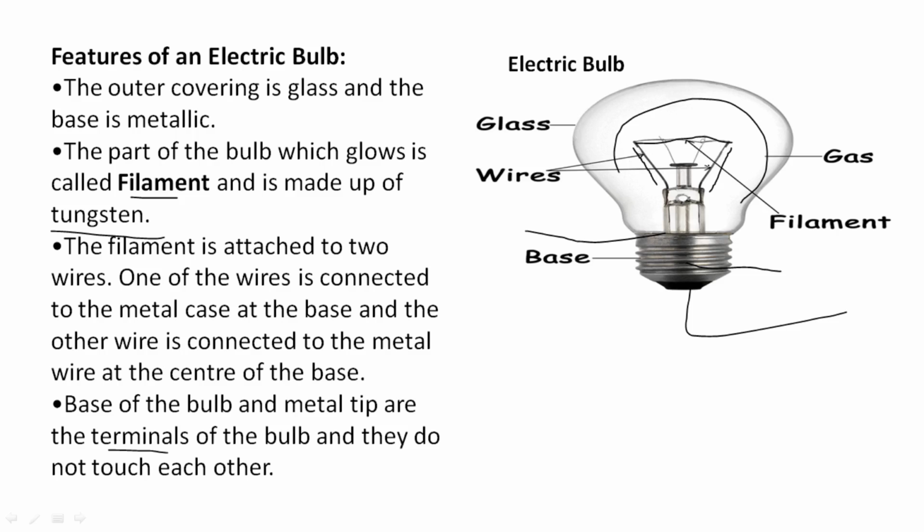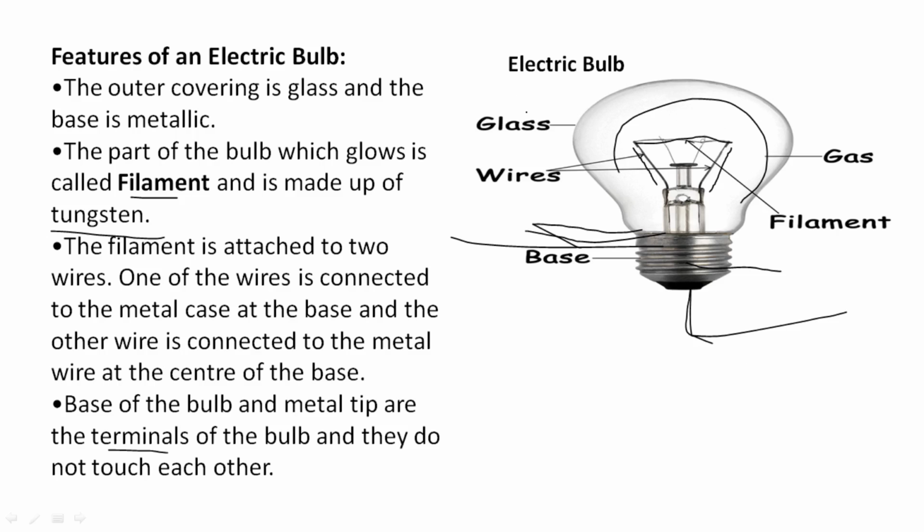Filament is attached to two wires, and one wire is attached to this metal case. ये जो metal खोलोटा अच्छे से case रे, and other wire is attached down at the center of the base here. Okay, so you will get one terminal on the side, another terminal at the center.